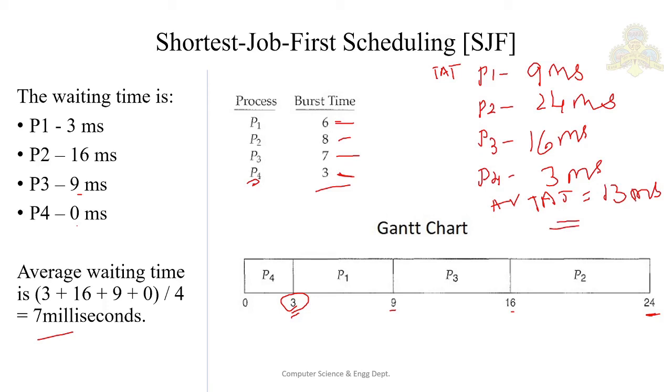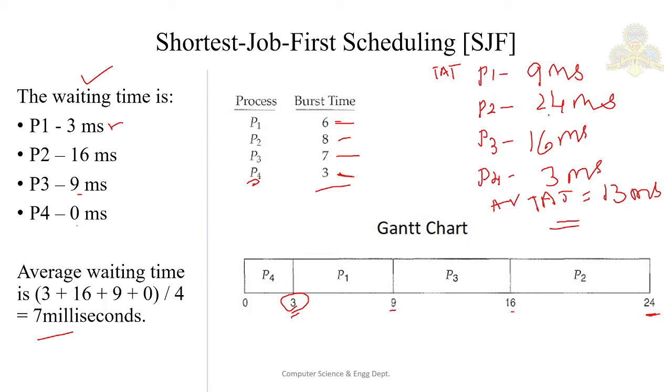So now let us calculate the waiting time using the formula. The formula for waiting time is turnaround time minus the burst time. Okay. So what is the turnaround time of P1? It is 9 milliseconds. So 9 minus 6, that is 3 milliseconds. Correct? Then check for P2.